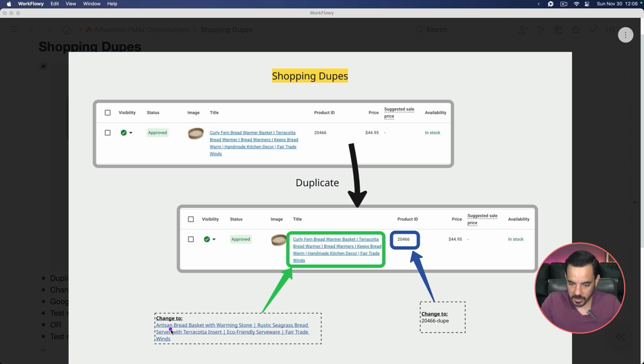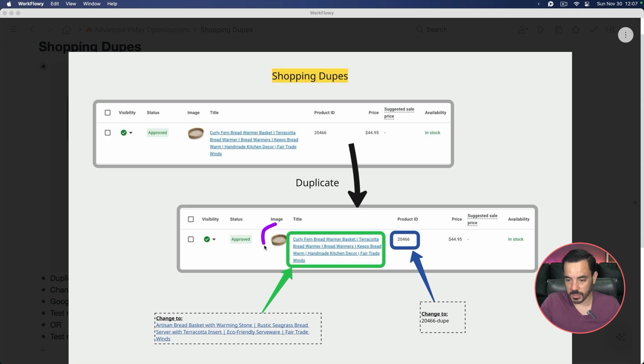And then in the duplicated item ID, we're going to target new keywords and see if those new keywords can get us better performance, get us more conversions, target new keywords that we weren't potentially targeting before. So then we might go for artisan bread basket with warming stone, rustic, seagrass bread. So the idea here is by duplicating your items using shopping dupes and changing the item ID, you get a second chance, a second product title to try new keyword ideas with.